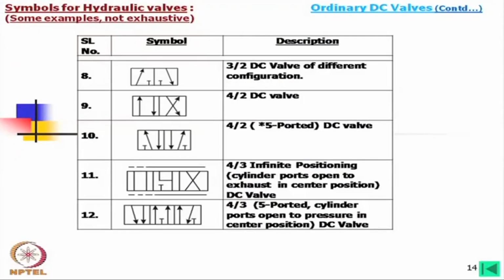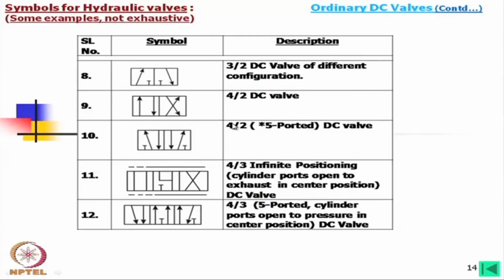Say if we connect to a rotary actuator, then either it will rotate in the clockwise direction or anti-clockwise direction. Maybe this valve is directly fitted to the actuator, we are operating this way or that way. If we would like to switch off the machine, then the whole main line is disconnected by some other valve.